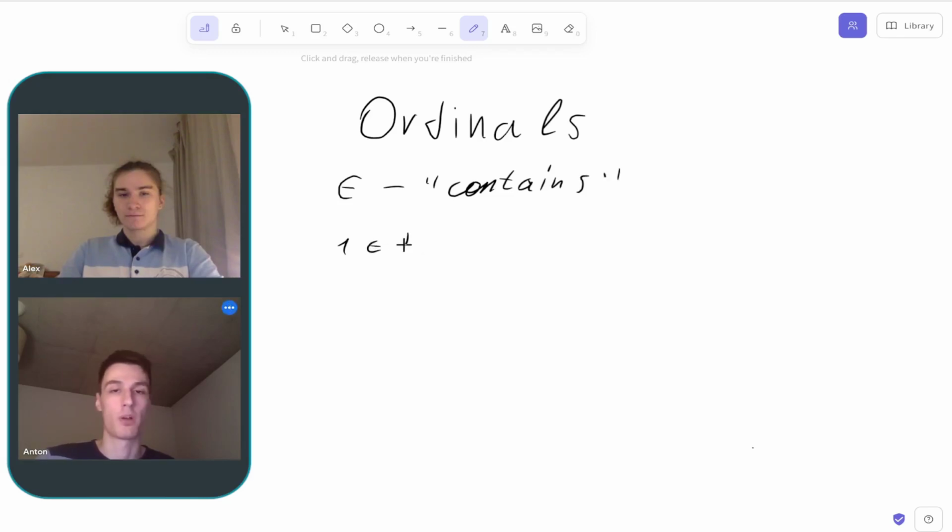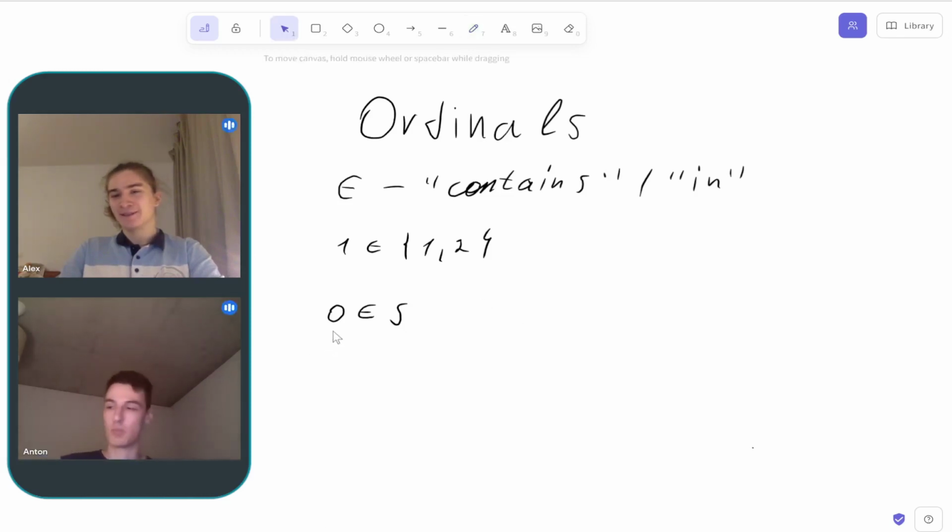For example, this line here can be read as: this set {1, 2} contains 1, or 1 is in the set. If you read it from right to left, it is read as contains, but if you read it from left to right, it is read as in. Simple enough, I think.